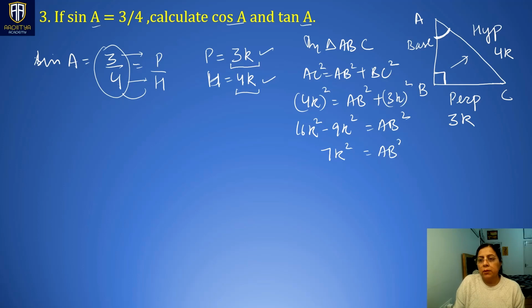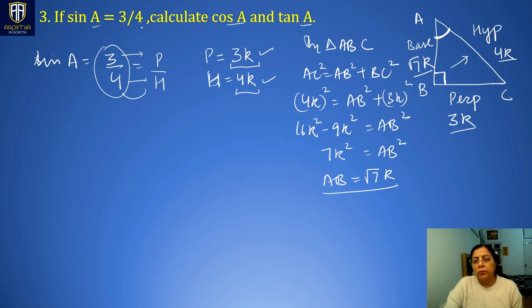Taking square root on both sides, AB becomes root 7 k. Now we know all three sides: 3k, 4k, root 7 k. What we have to find is cos A and tan A.